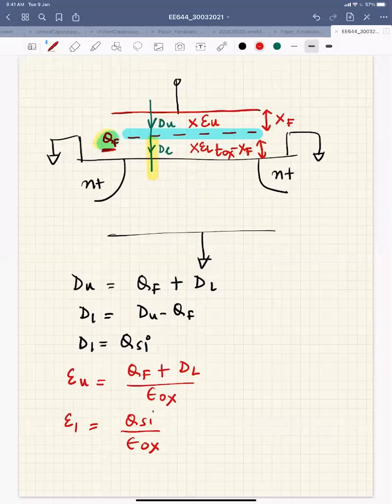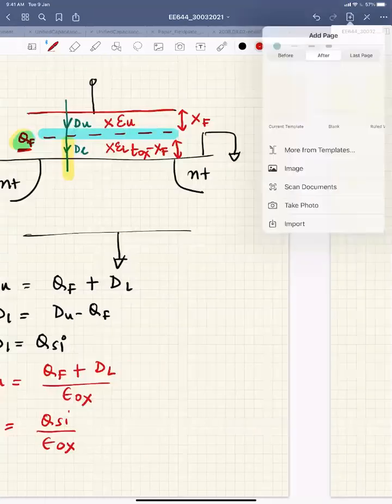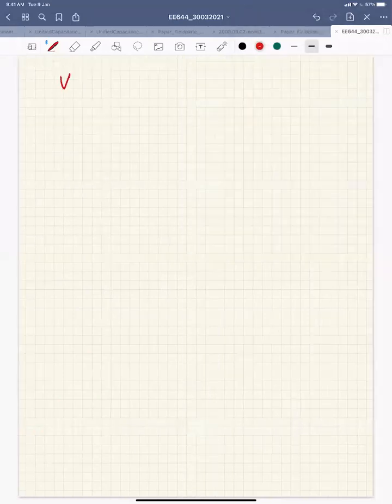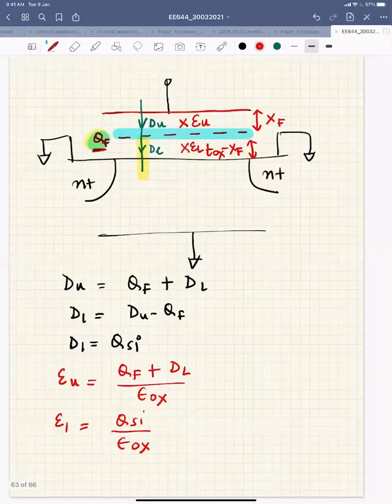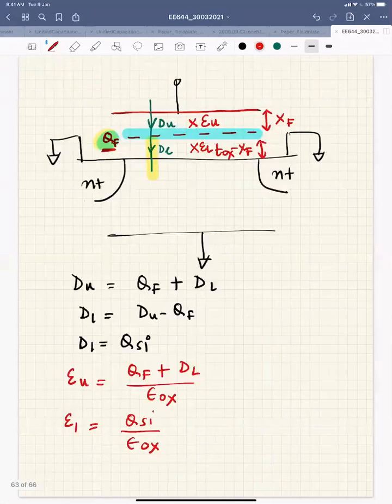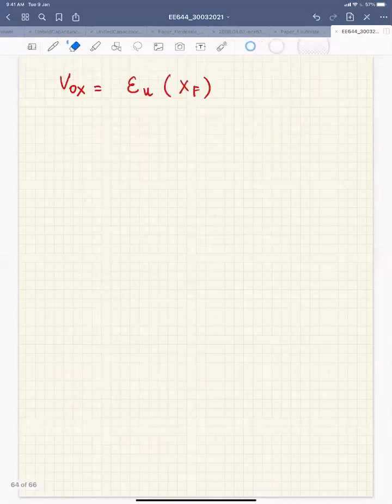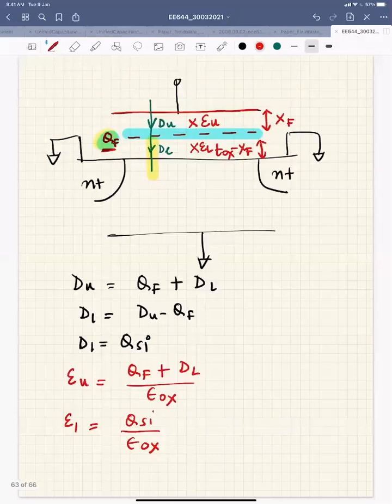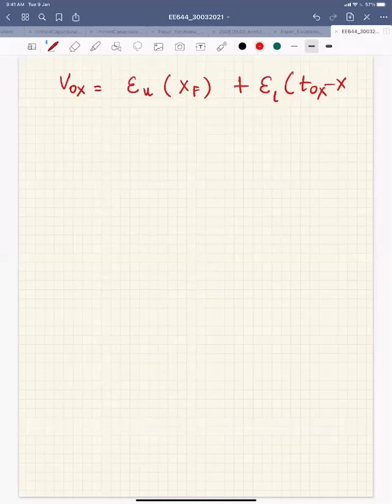Now if I want to find the Vox, the total voltage, it is your EU times XF, because this thickness is XF, plus EL times the remaining thickness, which is Tox minus XF, right?